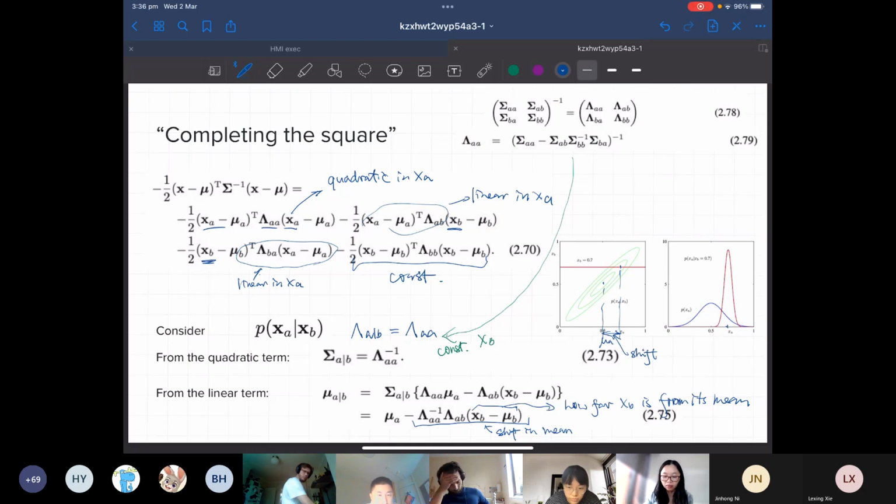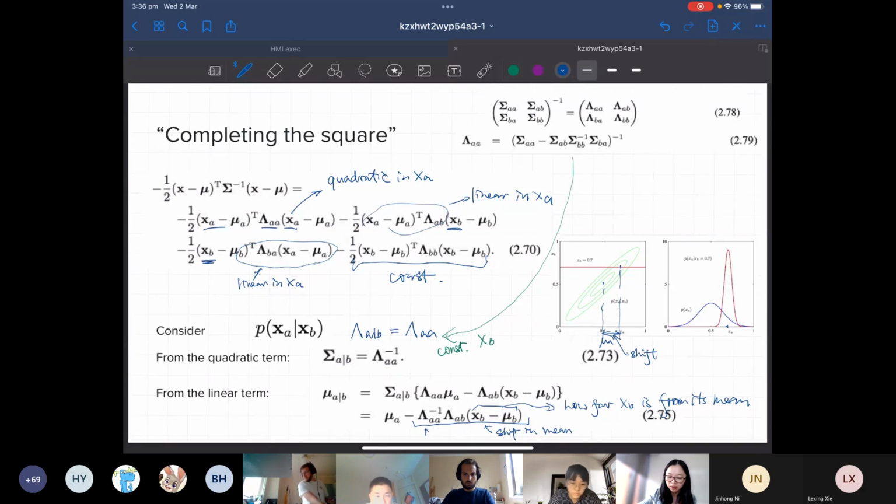This depends in turn on the precision parameter. The shift is roughly inversely proportional to the precision parameter.